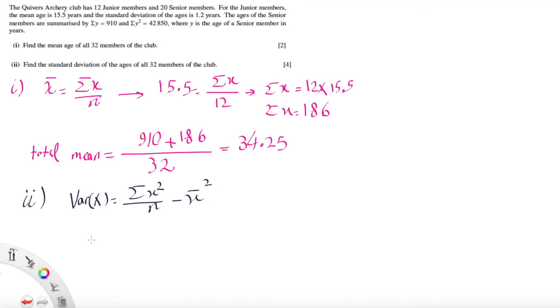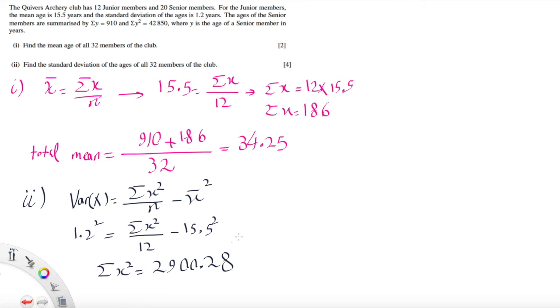For juniors, we have 1.2 squared, as you see, is equal to sigma x squared over 12, minus 15.5 squared as their mean. So sigma x squared will be 2,900.28.